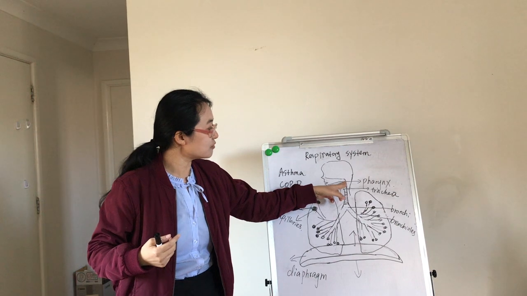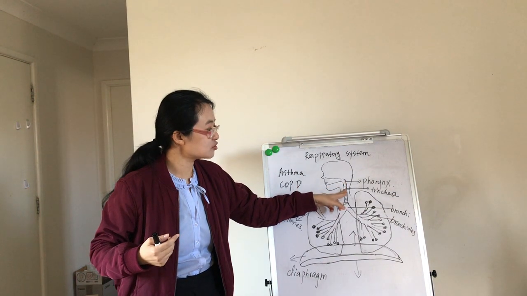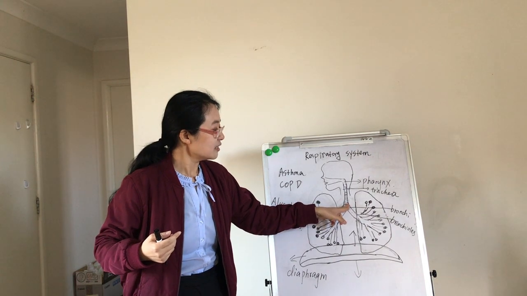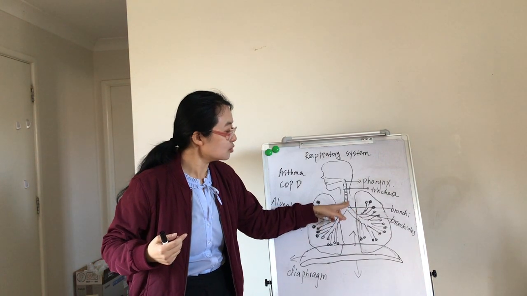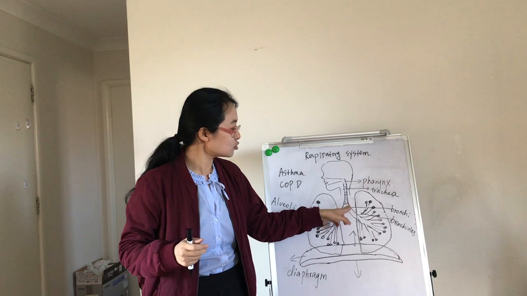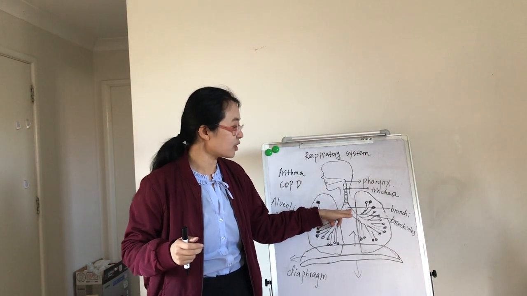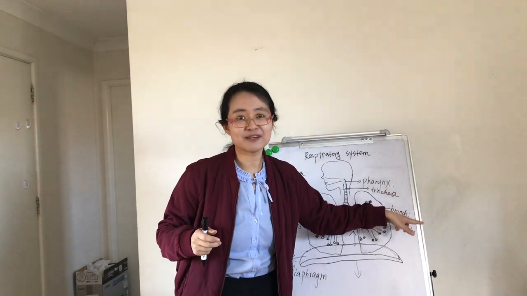Then the air will travel further down through the trachea, and the trachea will be divided into two big branches. These two big branches go into your left and right lung, and they are called the bronchi.